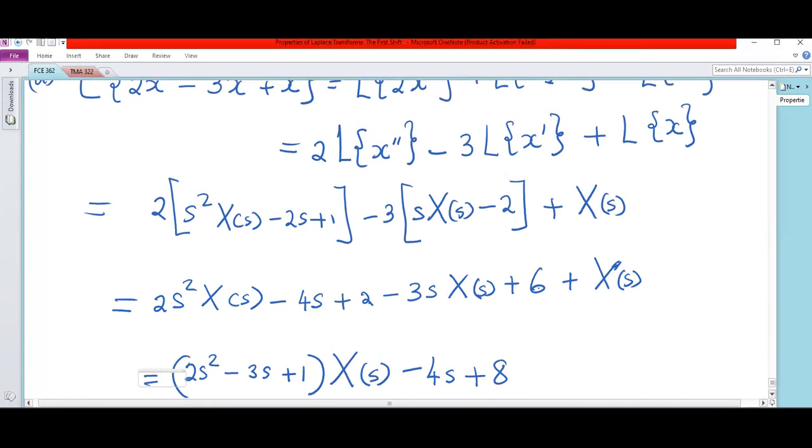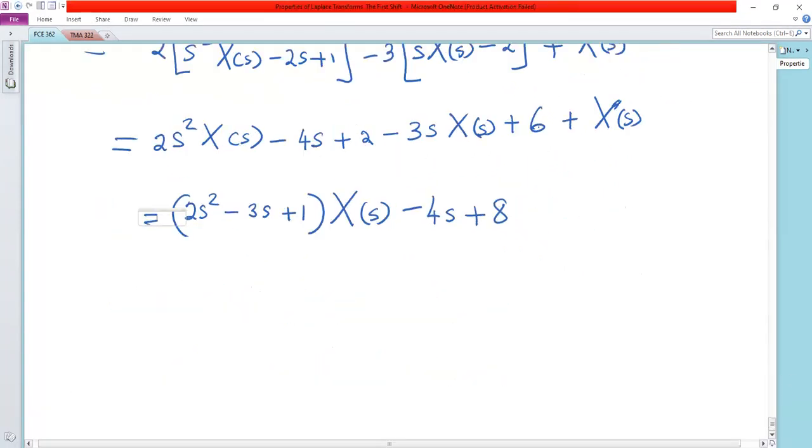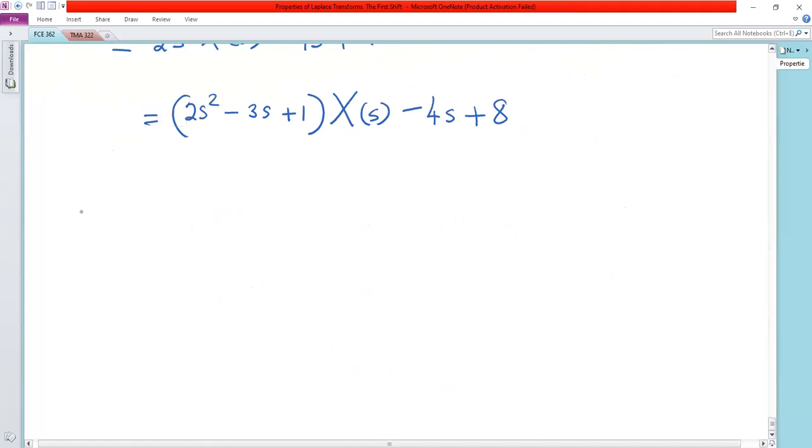And then (b), we have to find the Laplace transform of minus x double prime plus 2x prime plus x.